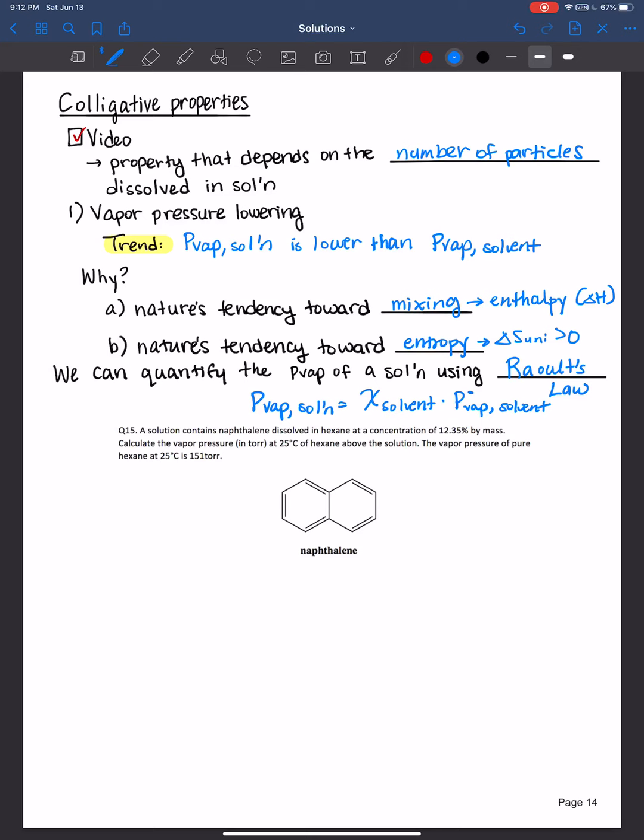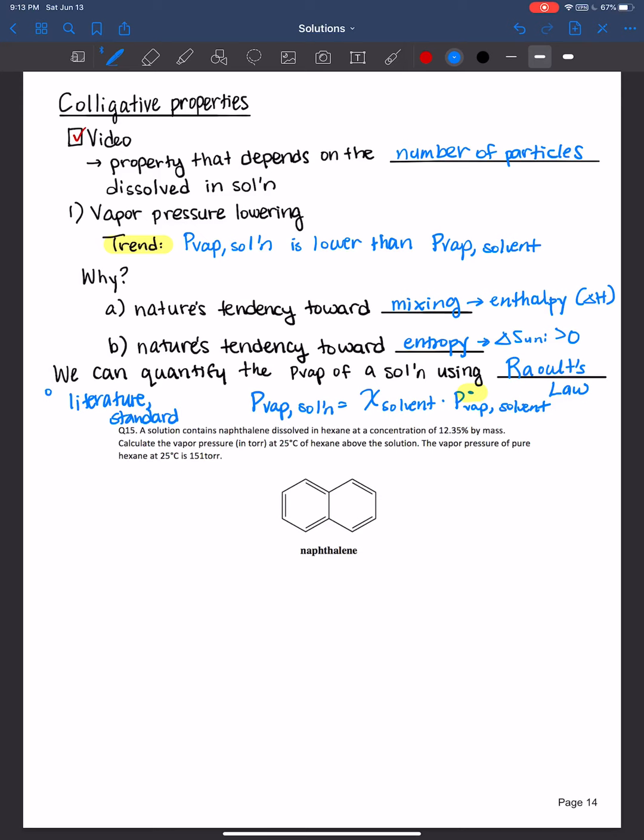And anytime you see the degree symbol here, that means that was a literature value you can look up, and usually done in standard conditions. And that's 1 atmosphere, 25 degrees Celsius. In terms of standard conditions, 1 molarity.